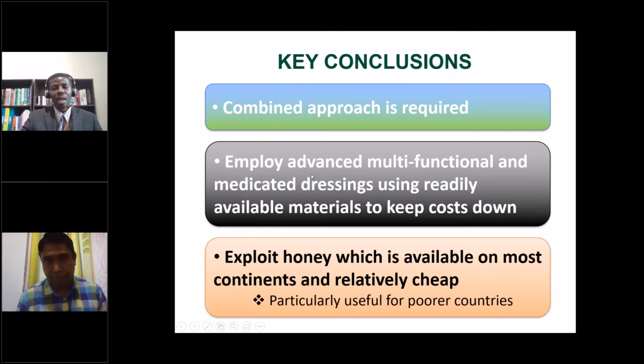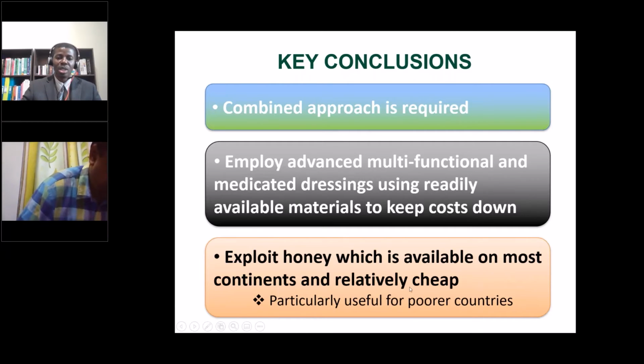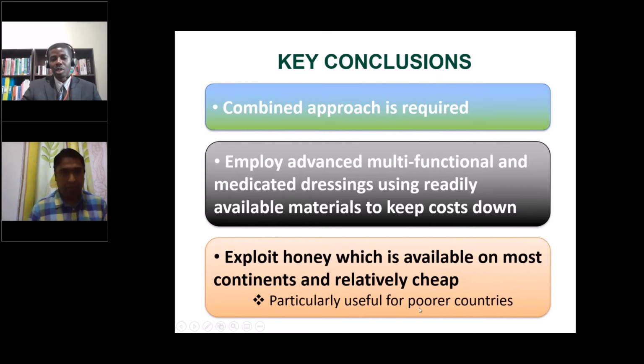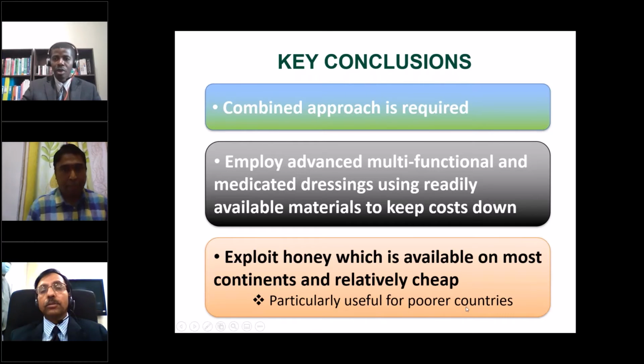We can employ advanced multifunctional and medicated dressings using readily available materials to keep costs down, because it is really expensive. Anything that is chronic means that it's treated regularly and it can cost a lot of money. And then, of course, now we have the opportunity to exploit honey, which again is available on almost all continents and is relatively cheap. And I think it's particularly useful for poorer countries as well.